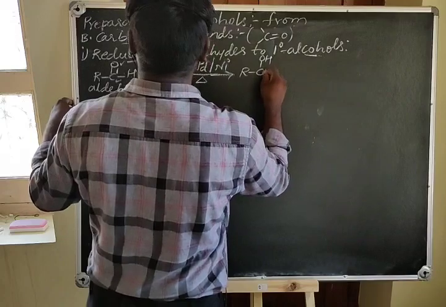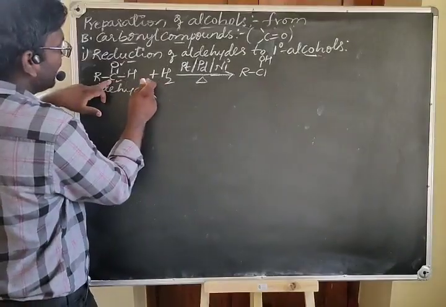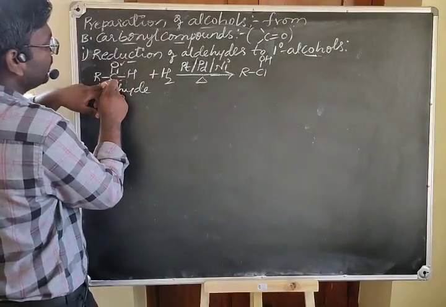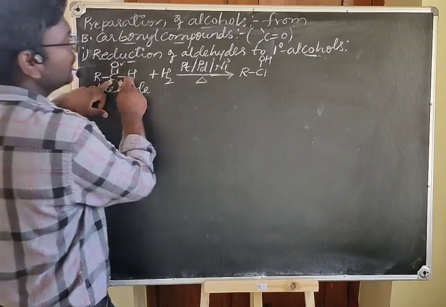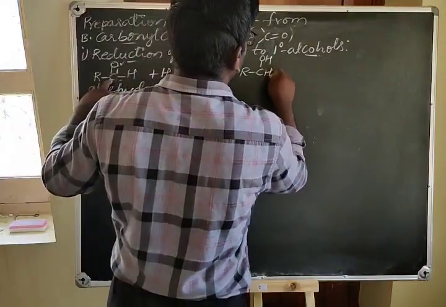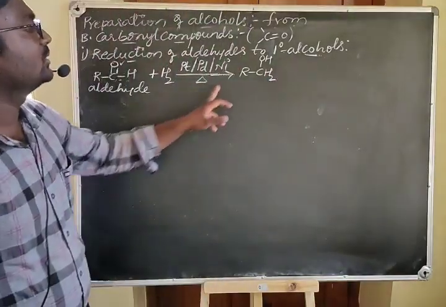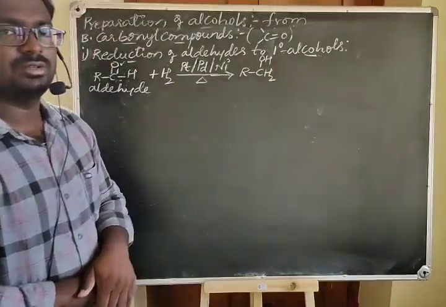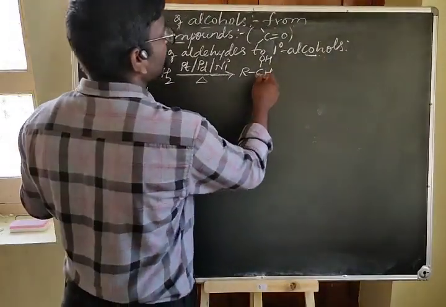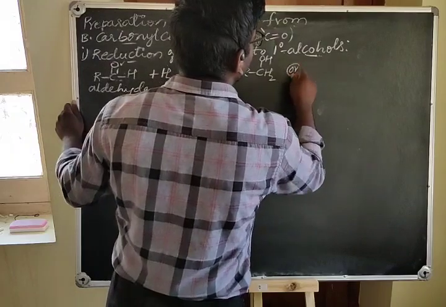So you will get R C H, O H. One hydrogen is going to attack this carbon, and there is already one hydrogen, so it is nothing but an RCH2 group. Now this RCH2OH, you may write it like this also.